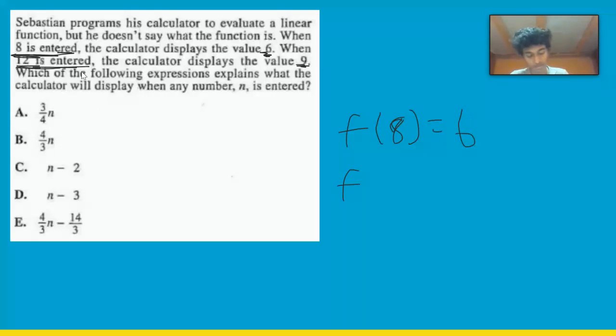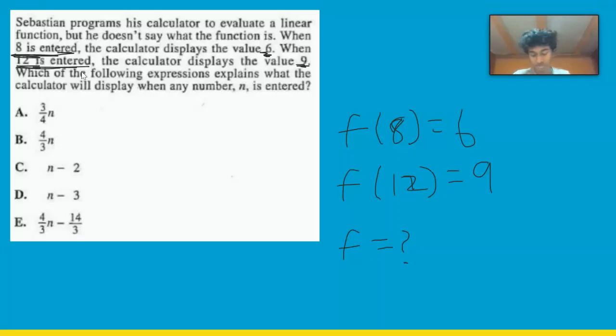And when we input a value of 12, we get 9. So we need to know which of these functions represents f. So we want to know f equals what?